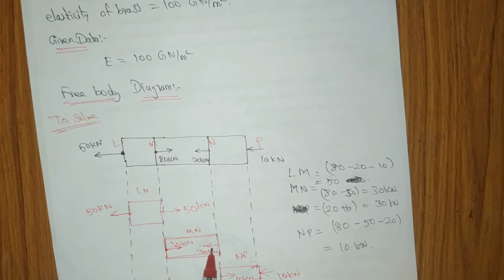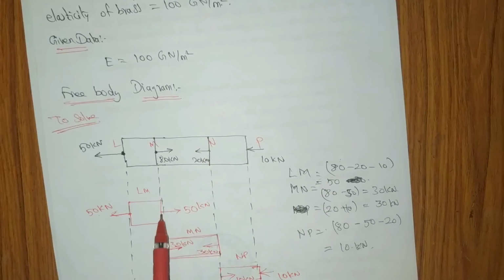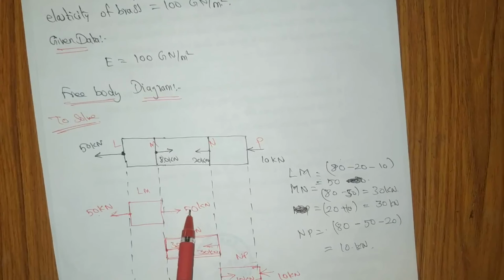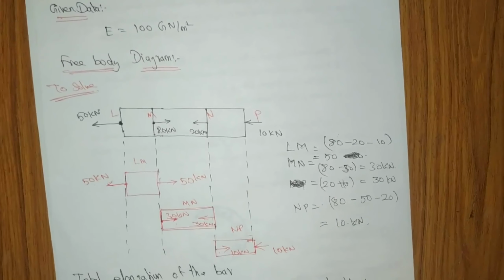If we add this 30 in this direction and subtract the 10 in the other direction, we get 20. So this is 50 in this direction, and again 30 in the same direction, and if you add these two values we get 80. So it is in equilibrium.